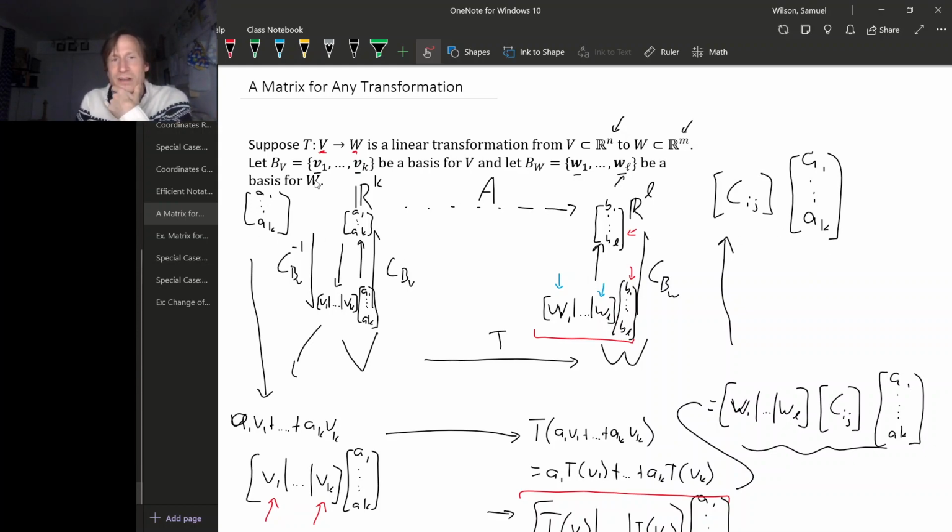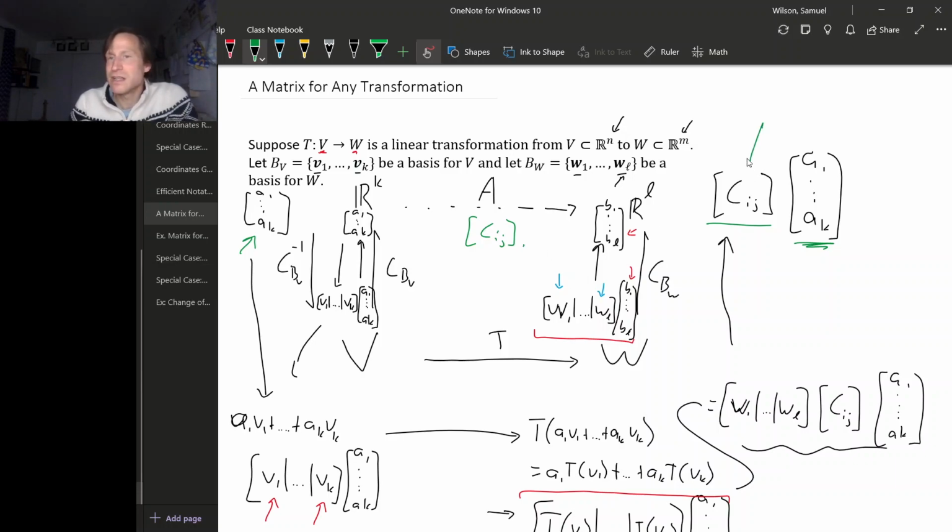So here we had a linear transform from RK to RL. We started with A1 through AK. We did this transformation and we ended up with the C matrix times A1 through AK. So that's just a fancy way of saying that this matrix that represents this transformation is Cij.